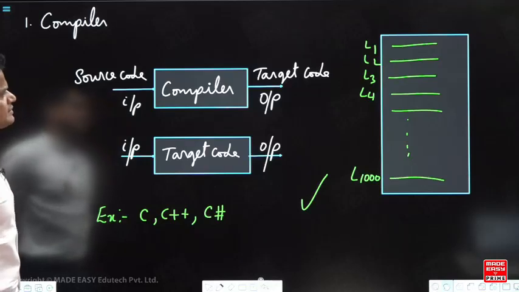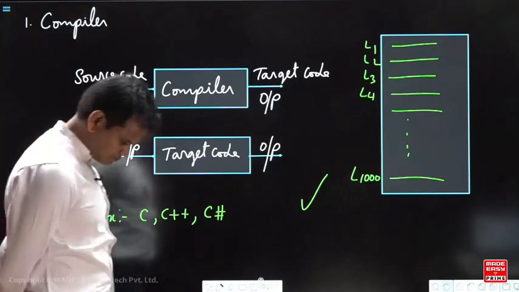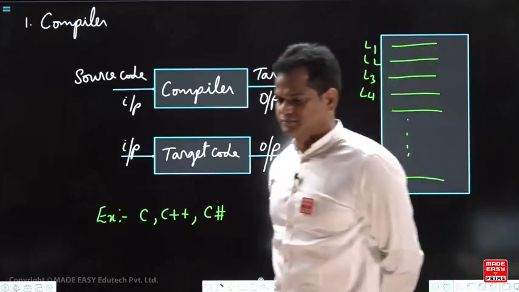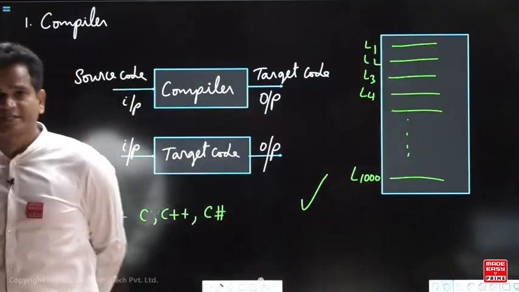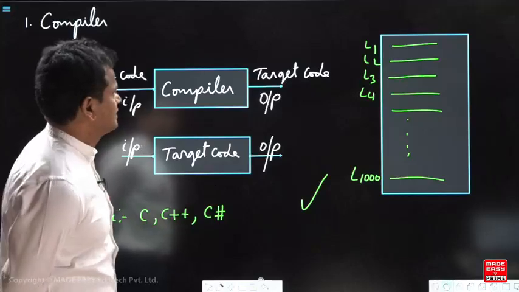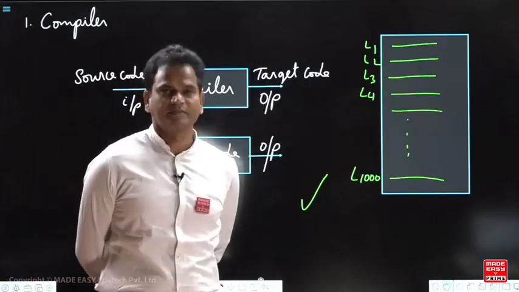I repeat, compiler takes the source code as input and produces the target code as output.